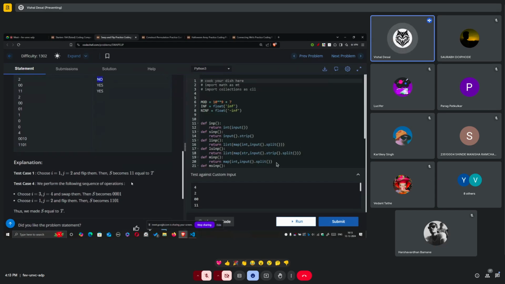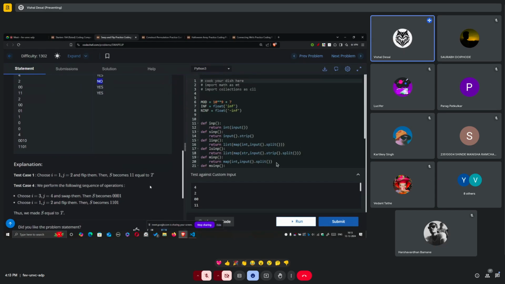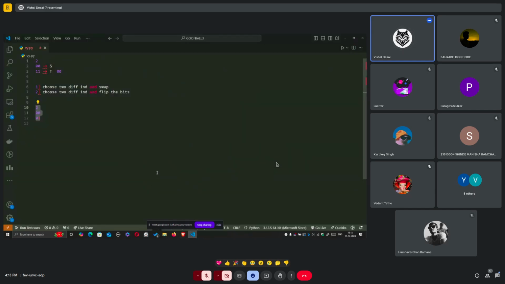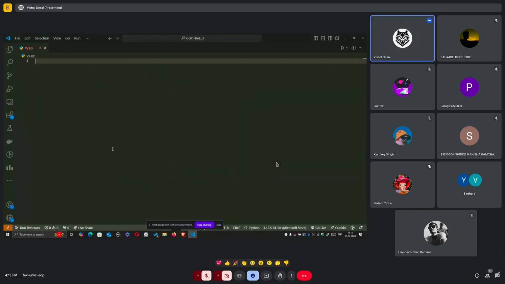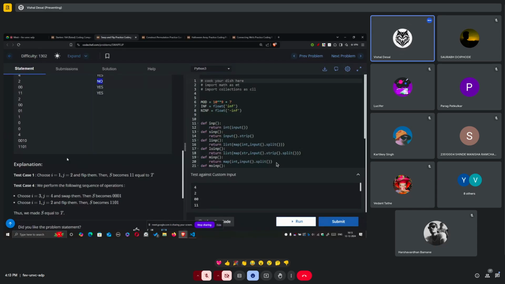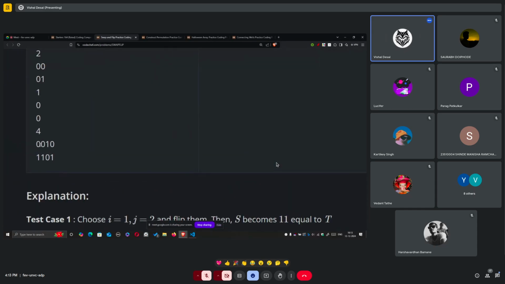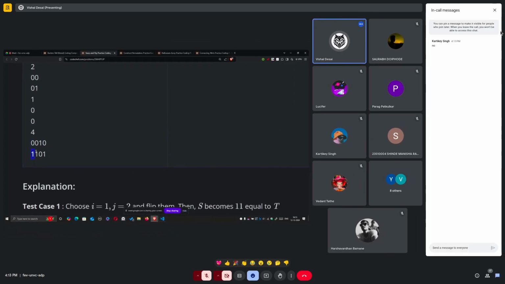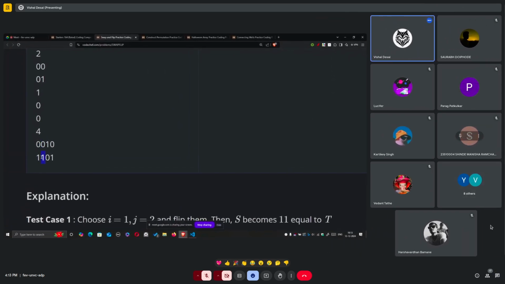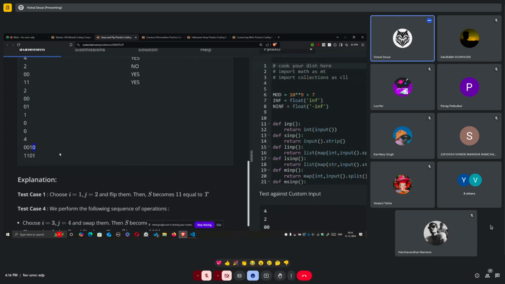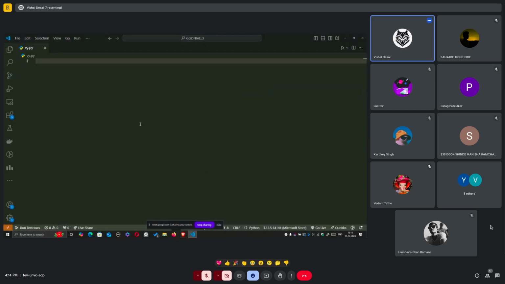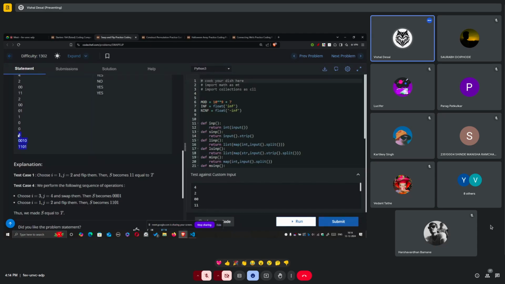Okay, so how to solve this? The implementation is simple. We just check which indices we have to change. If we have to change an even number of indices, then it's yes, otherwise it's no. I will tell you, taking this example.